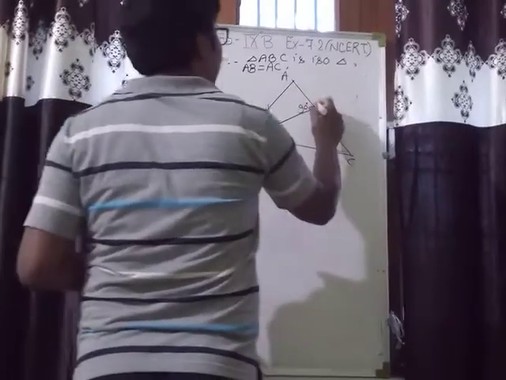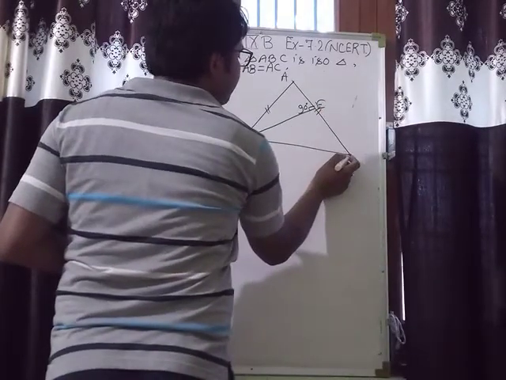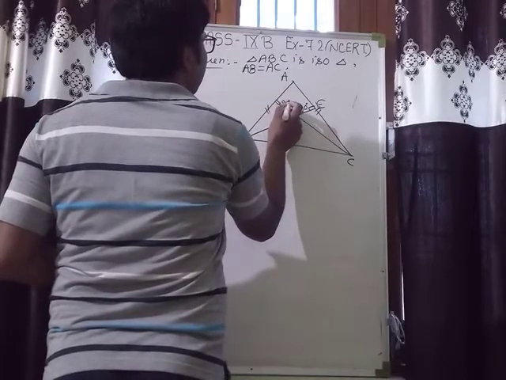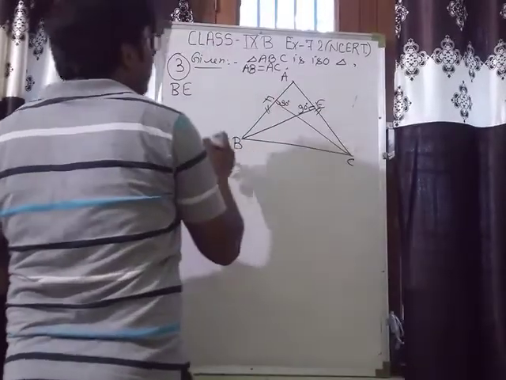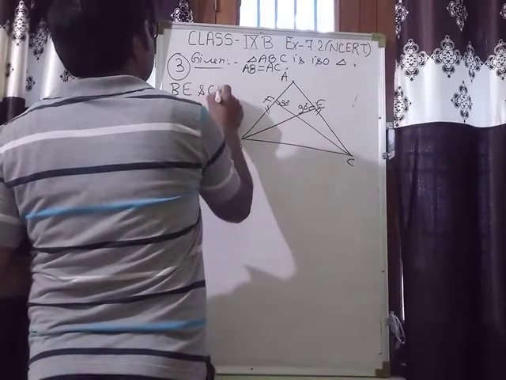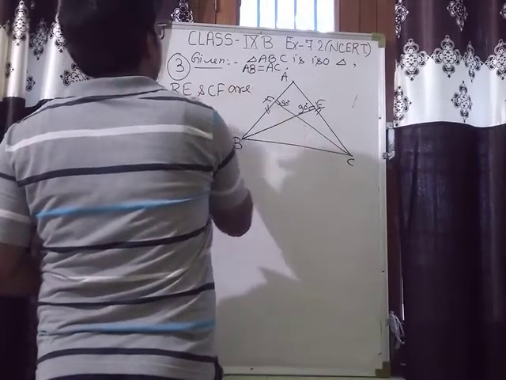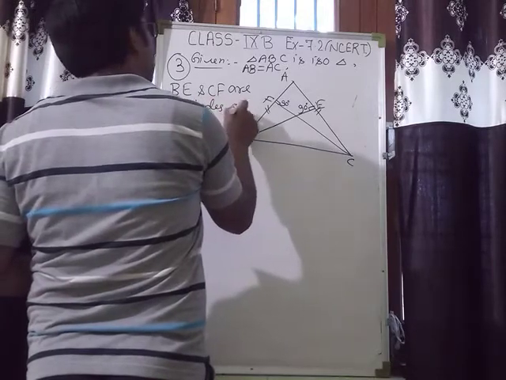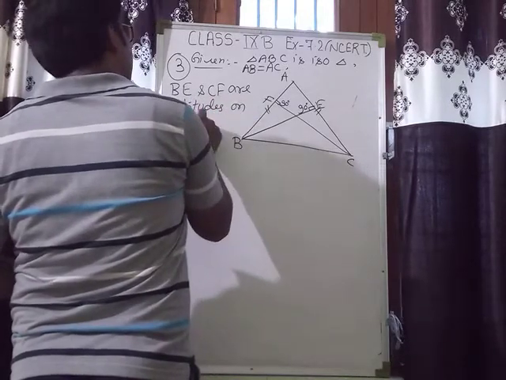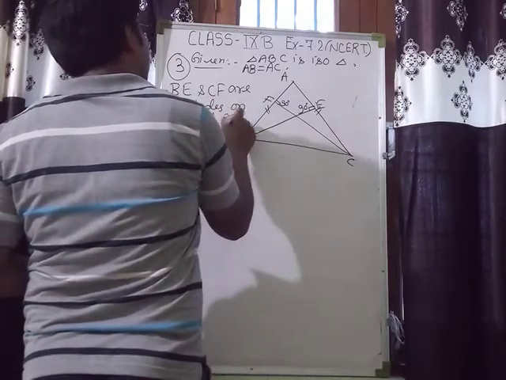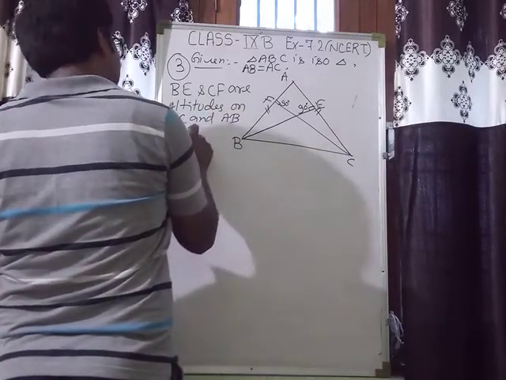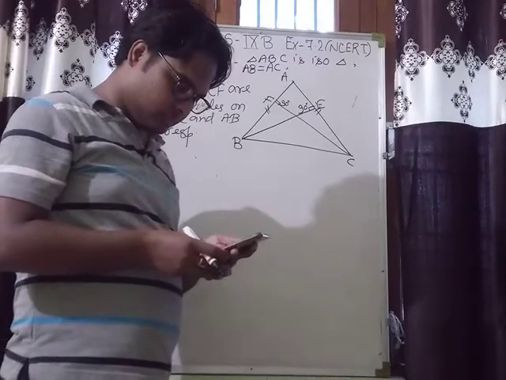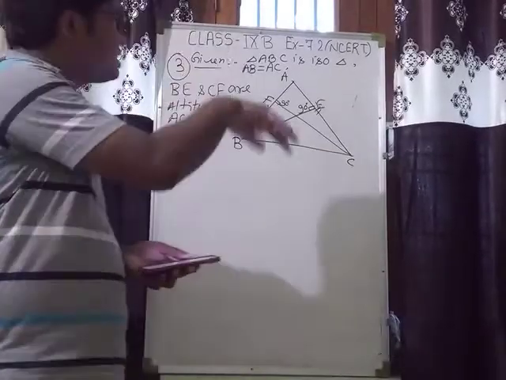BE and CF are altitudes on AC and AB respectively, on the equal sides AC and AB.